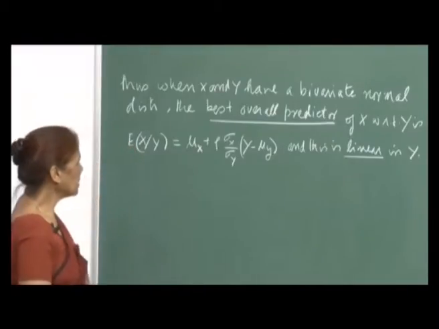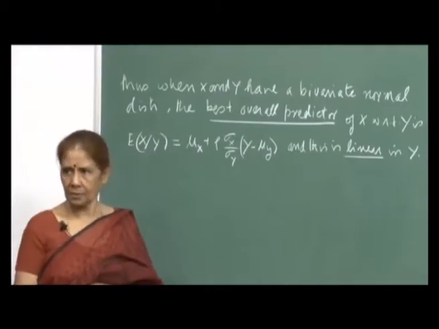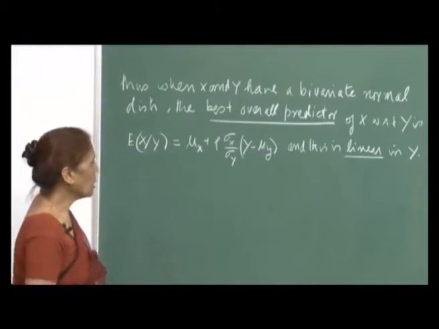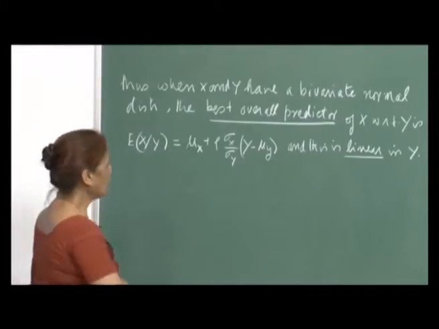So, this is all we can say. To talk of the best linear predictor and so on is another thing; then we have to go about it in a different way, and I have to first define what we mean by a linear predictor.